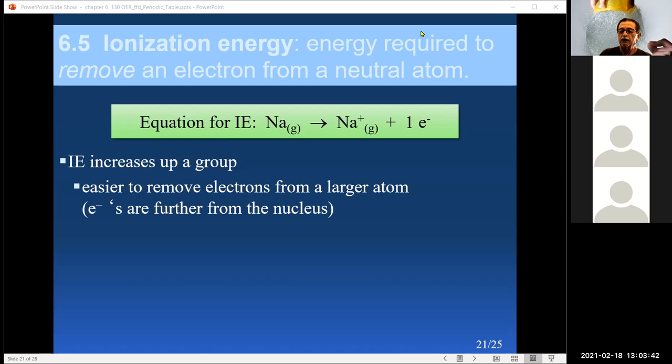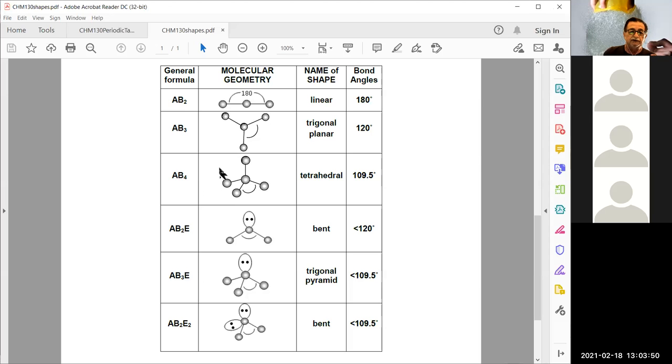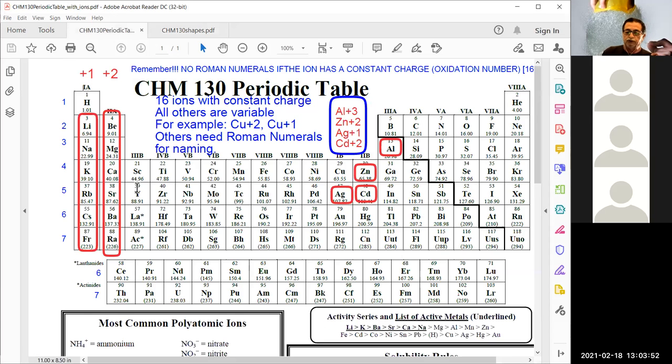The other thing too, if we look at a periodic table, and what we're doing is trying to predict this ionization energy. We talked already about the relative radius of the atoms as we go down the periodic table. Now, we know that everybody in group 1 has one valence electron.